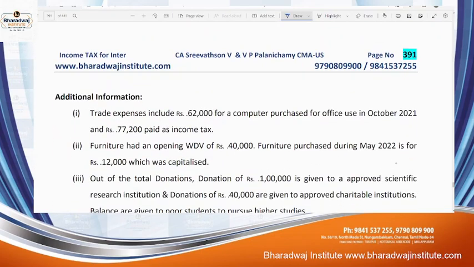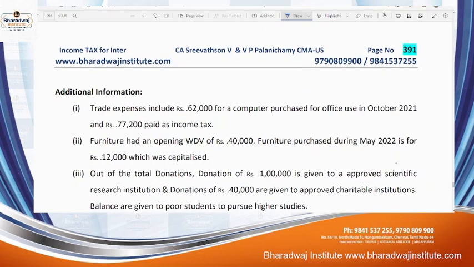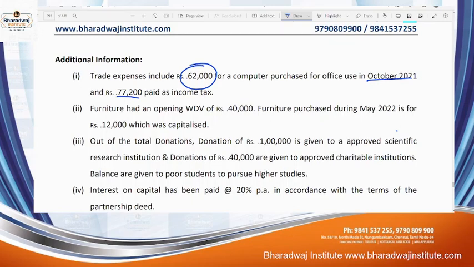Look at the adjustments. Trade expense includes 62,000 for a computer purchased in October, and 77,200 paid as income tax. These are all capital expenditures which you have to disallow. Furniture had opening WDV of 40,000.